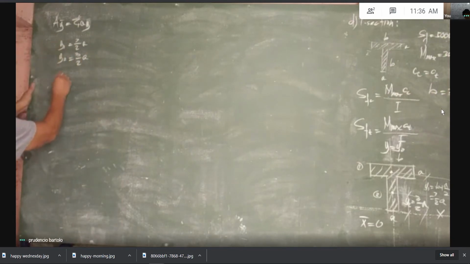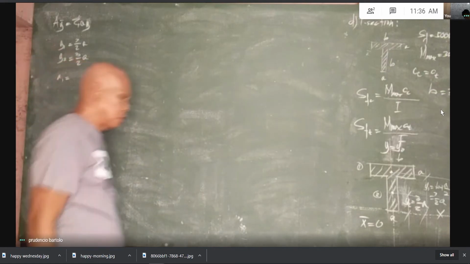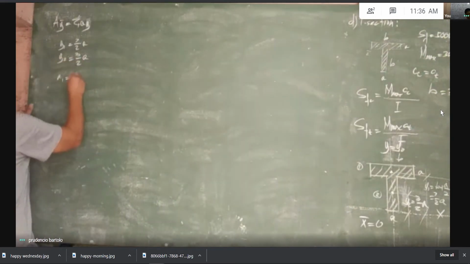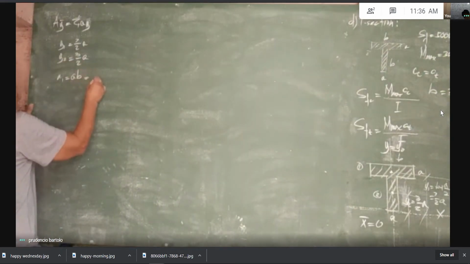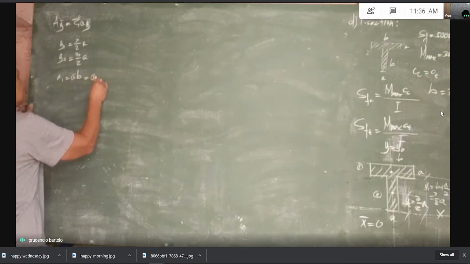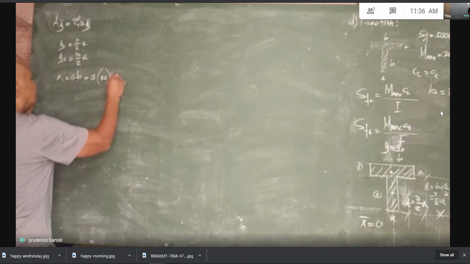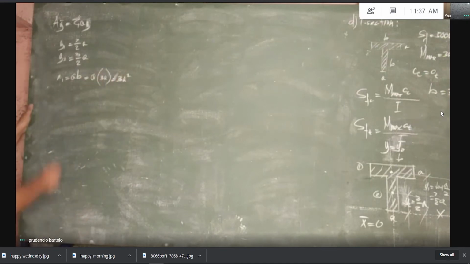Our area element a1 is equal to a multiplied by b. In terms of a, that is a multiplied by 3a, or 3a squared.